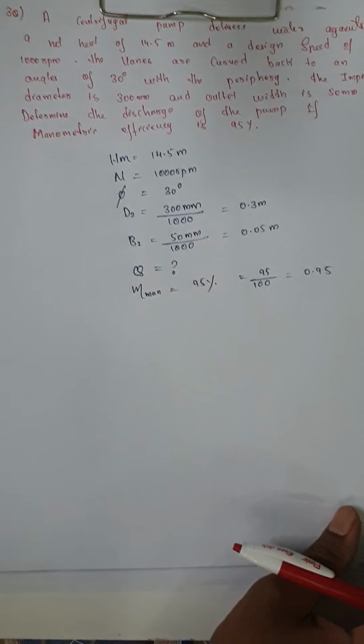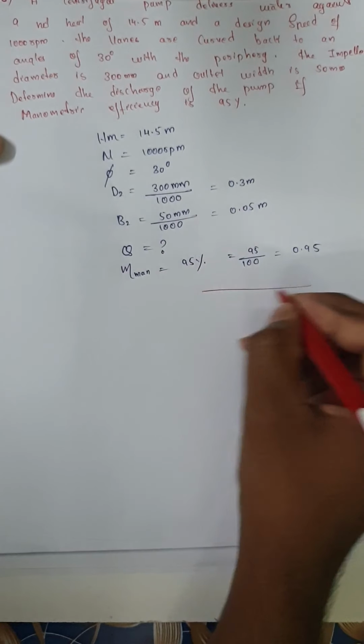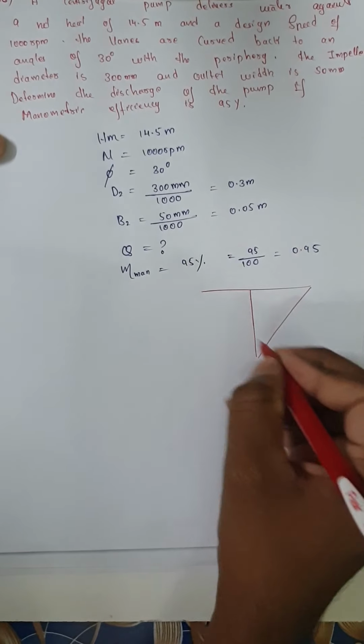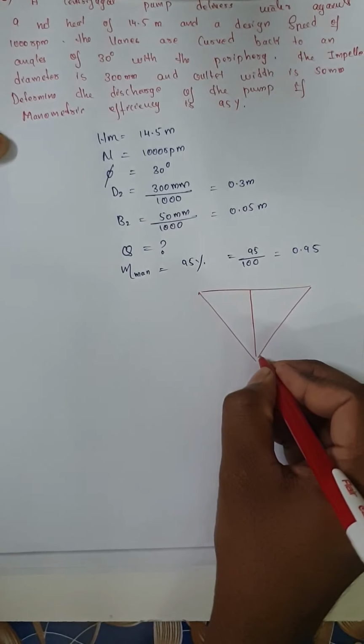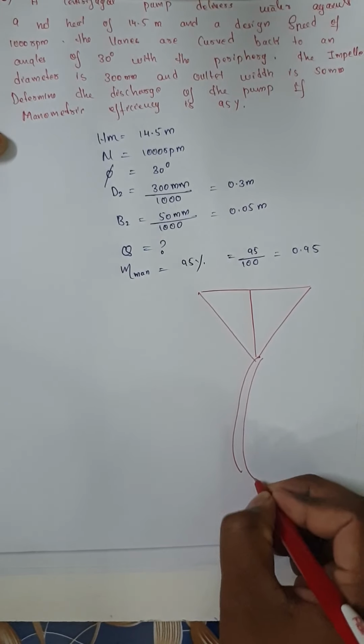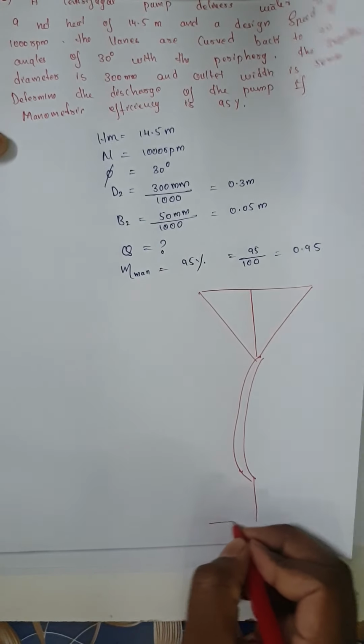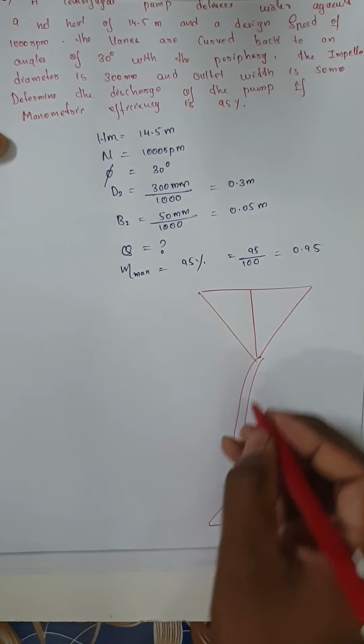After that, what you have to do is draw the diagram for the centrifugal pump. This one is the outlet, and here this one is the vane. In an examination you have to draw a fair diagram. Like that only I am drawing.